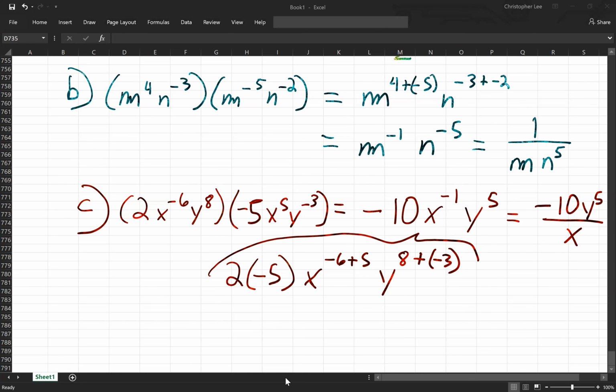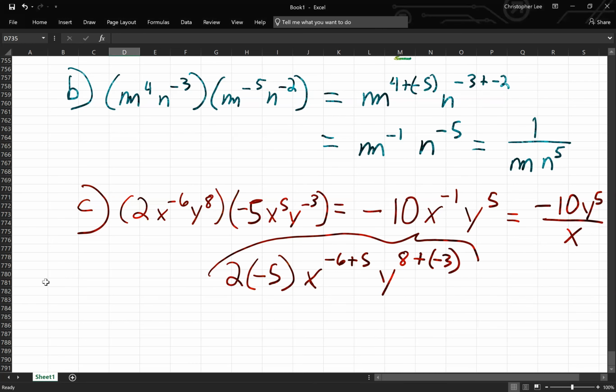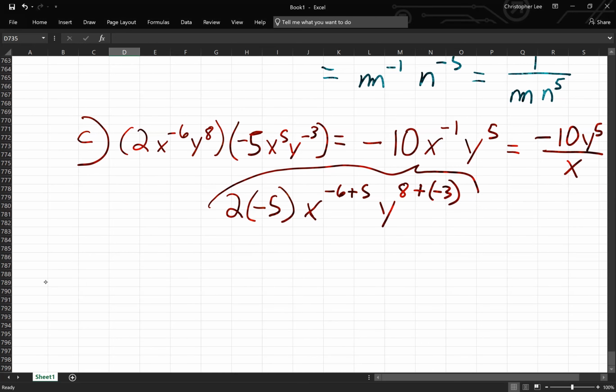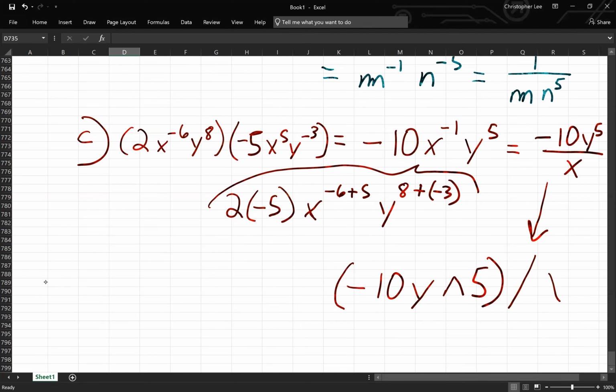In the computer? Sure, I'll show you. So I'm assuming that I have the negative 10 y to the fifth over x. So this one I would enter as open parentheses, negative 10 y raised to the fifth power, close parentheses, divided by x, like that.